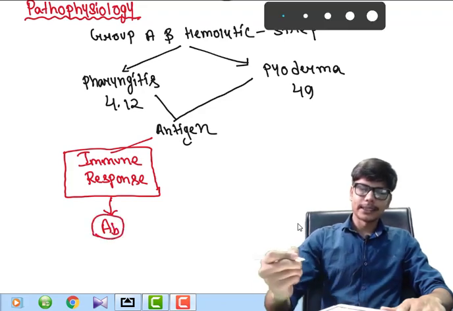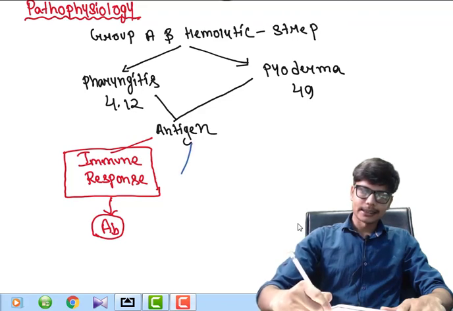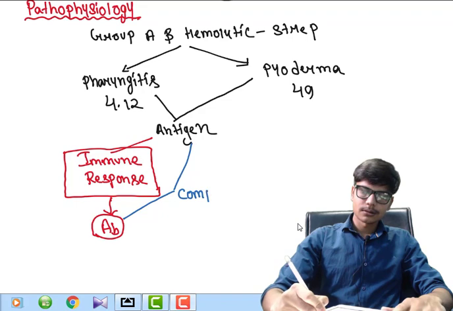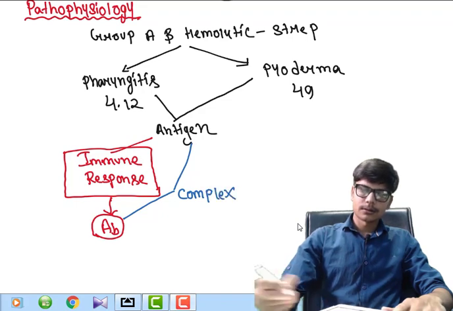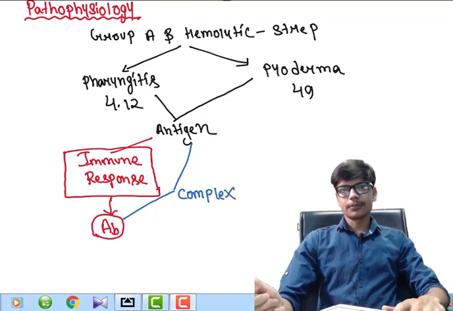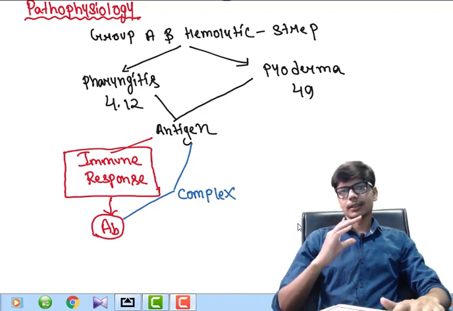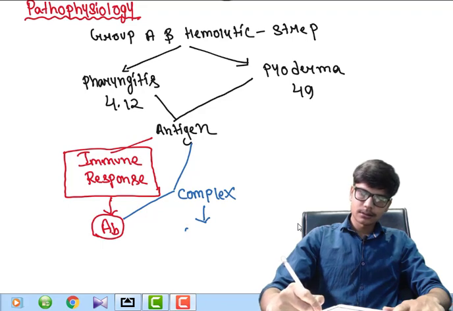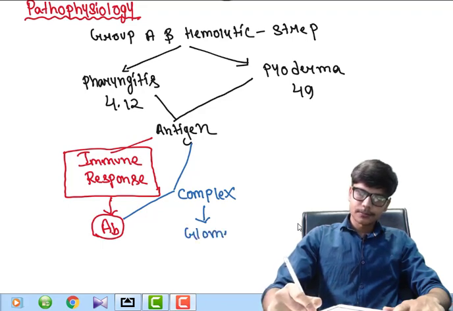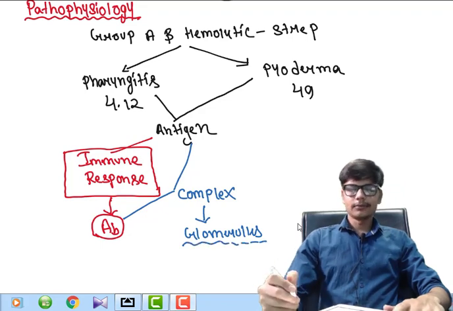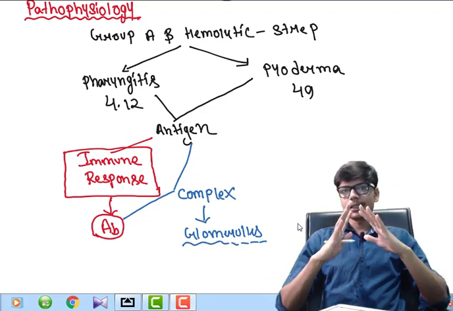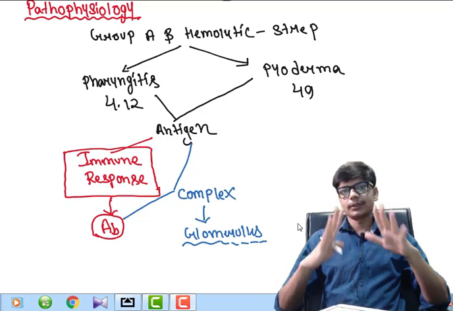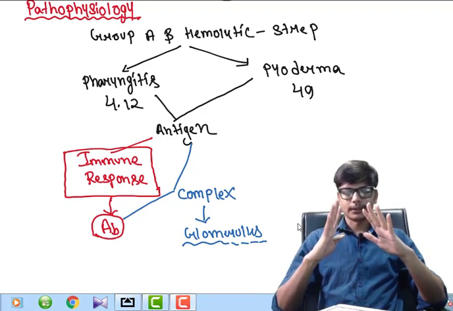Now this antibody along with the antigen can form an immune complex, and this immune complex is deposited on the glomerulus.